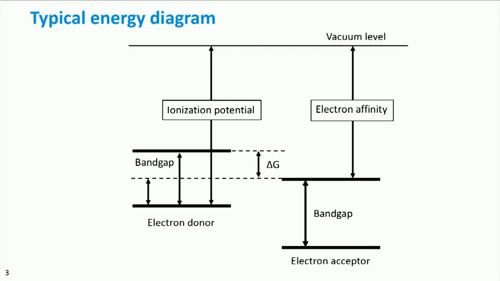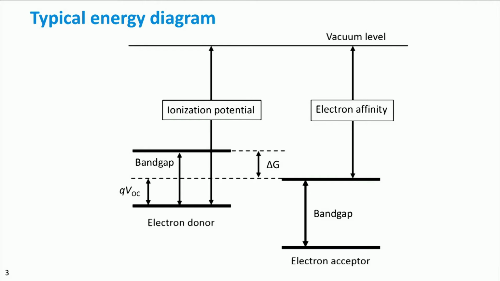Furthermore, we can see the driving force ΔG as the difference in LUMO at the junction. This energy is required to split the exciton by exceeding the electrostatic potential that binds them together.